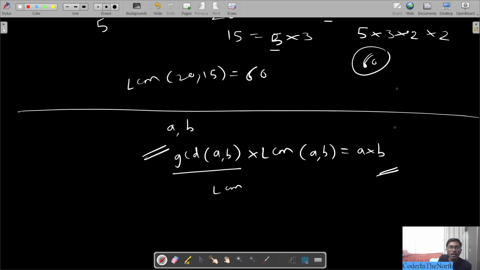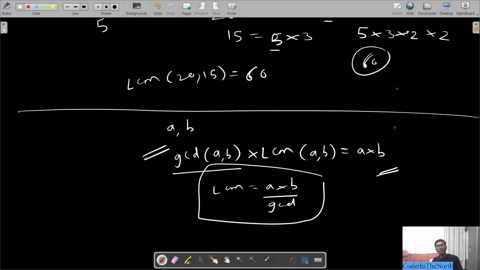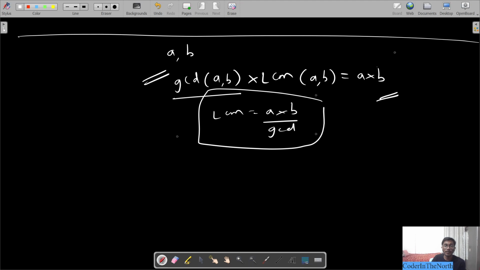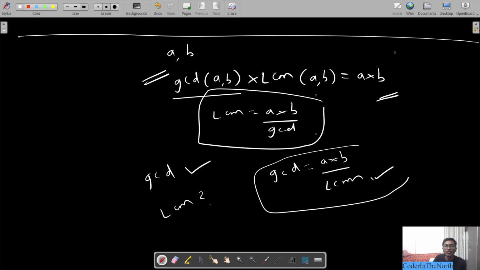LCM will be A into B by GCD. We always do this. Why do we find GCD and not LCM? Why can't we take GCD equal to A into B by LCM and try to find LCM, not GCD? The question is why we prefer finding GCD and from GCD we find LCM.